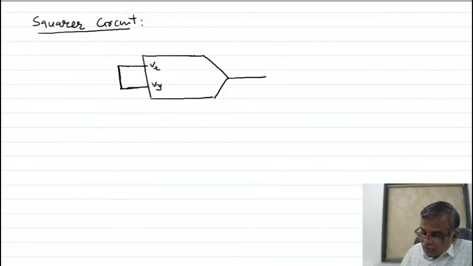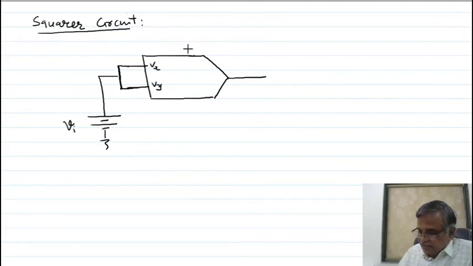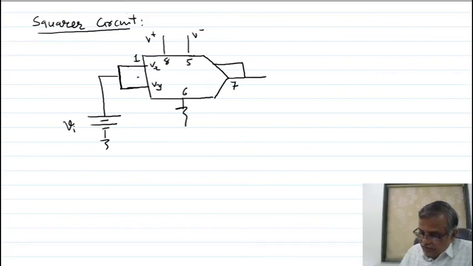If I am short circuiting these two and giving the input signal Vi, this is pin number 8, this is 5, V plus, already you know this is 2, this is 7, and 6 is ground, pins number 1 and 3.